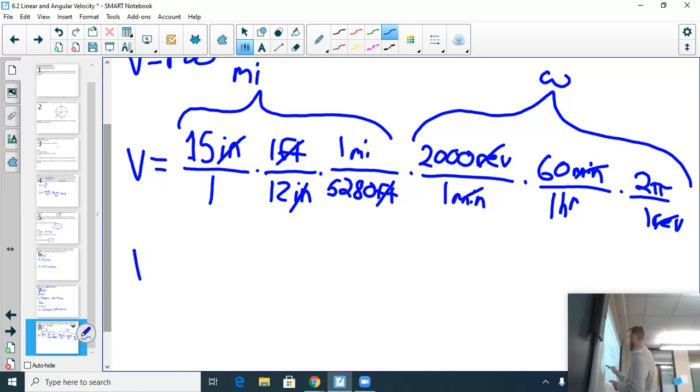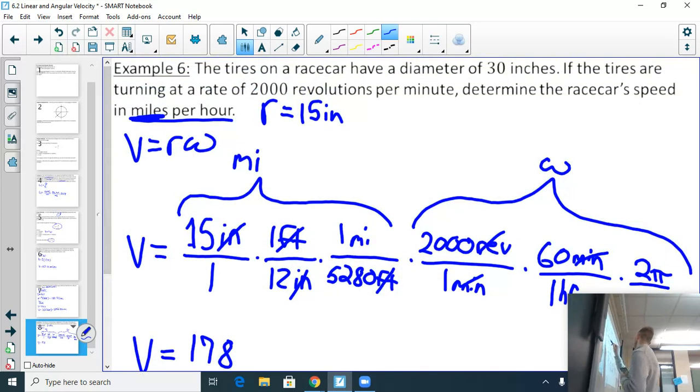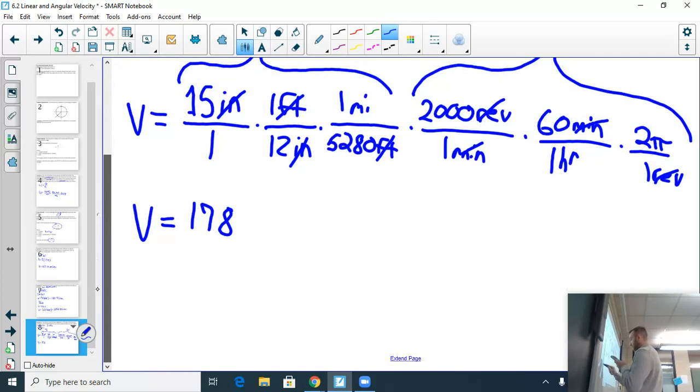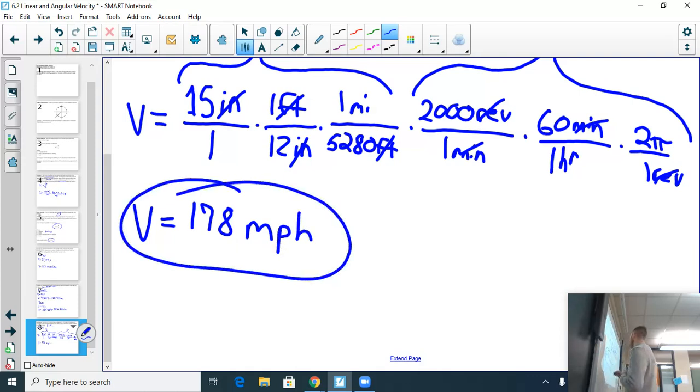So we get that the velocity is 178, and if it wanted no decimals, then it would just be 178 miles per hour. And that is going to wrap up 6.2.